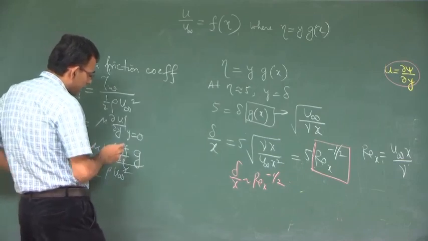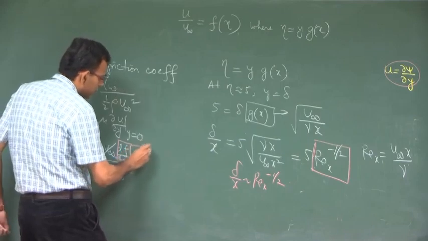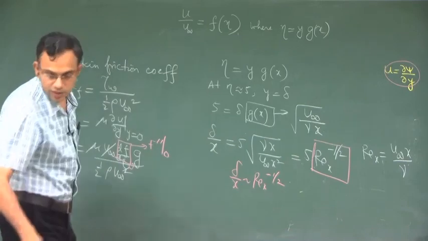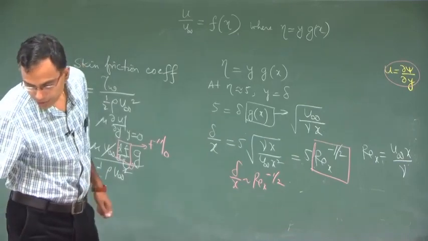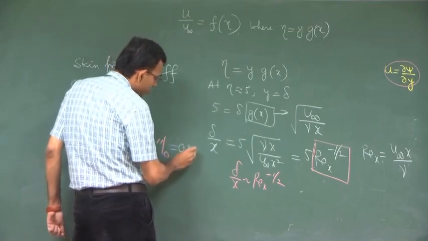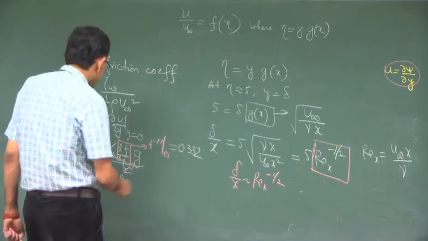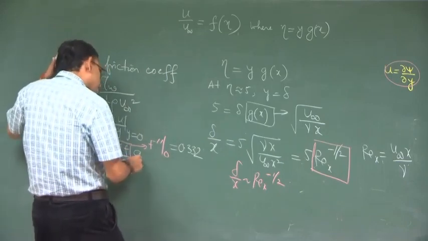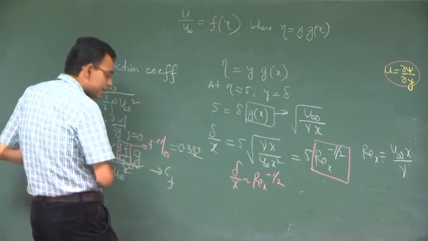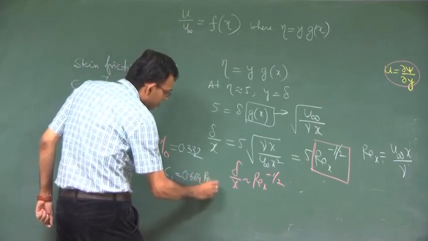So, df d eta at the wall, that is at eta equal to 0, this is nothing but f double dash at 0. This will come out to be 0.332 if you numerically calculate this. So, then if you substitute this g, this Cf, this 0.332 divided by this half will make it 0.664 into Reynolds number to the power minus half.